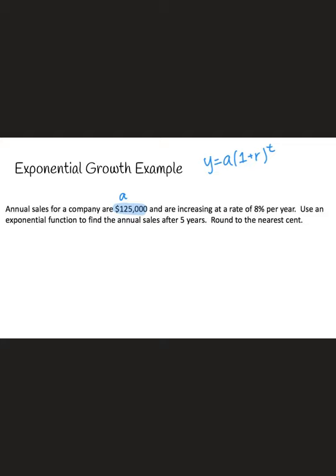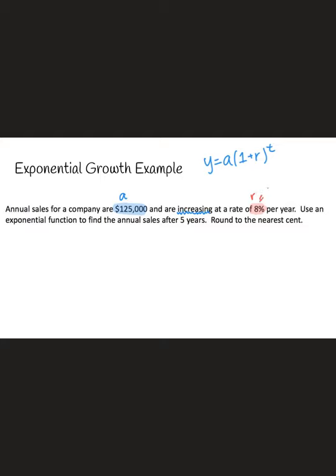That's A. They're increasing. This is how we know that this is a growth formula, not a decay formula. Increasing is getting bigger. At a rate, there it tells us right there, it tells us rate. That's an important word. A rate of 8% per year. That is R. And we know we do have to change that to a decimal.